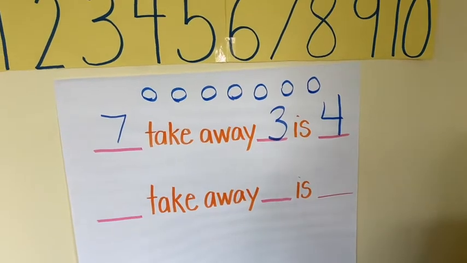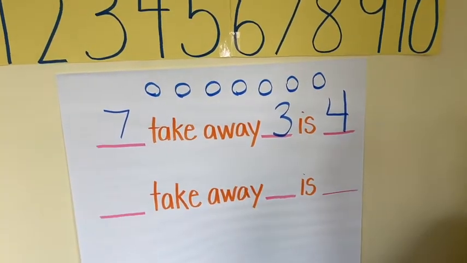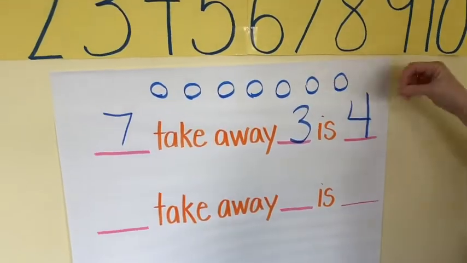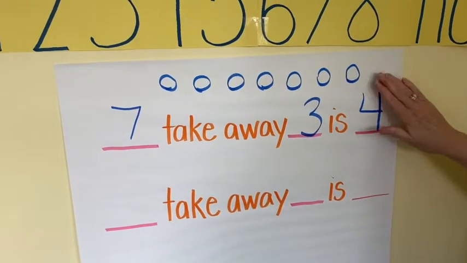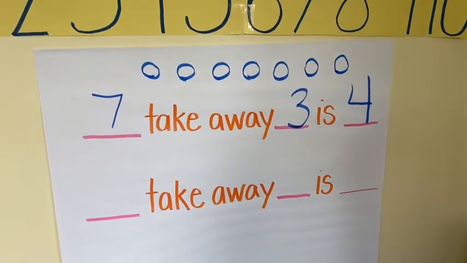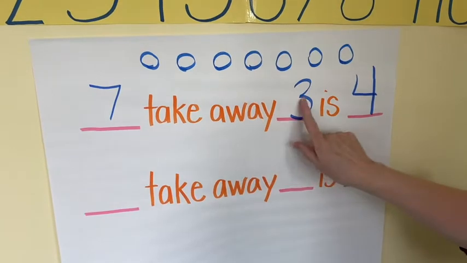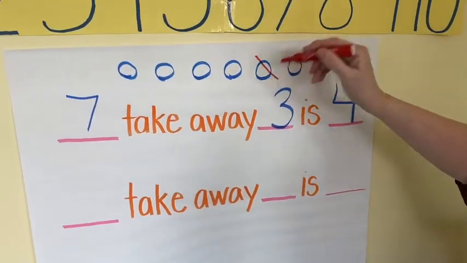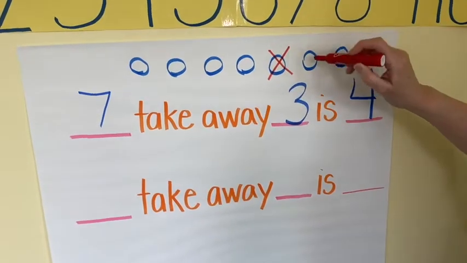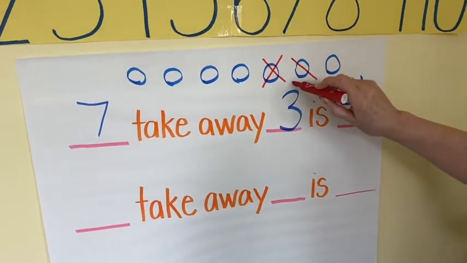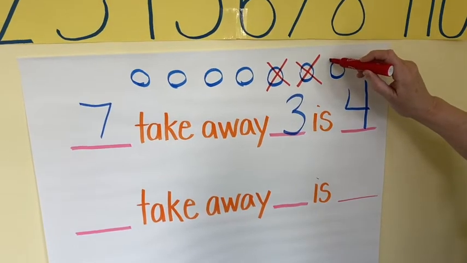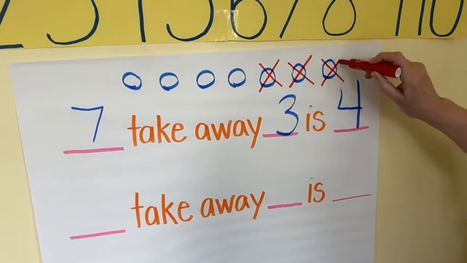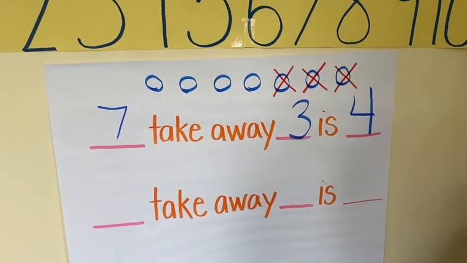Now when I'm doing work on paper, I can't just grab 3 and pull them away because it's on the paper. Instead, I have to show take away 3 by crossing them out. So this would be new to us. So this is taking our counters and now we're making a story using our numbers on paper, and we'll probably be using pencil or in this case a marker.